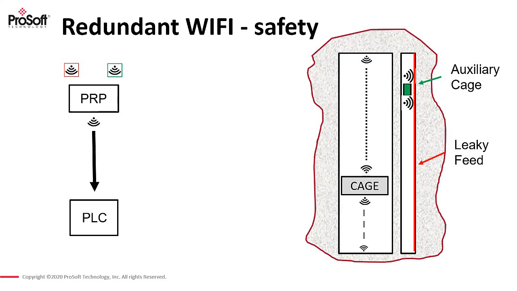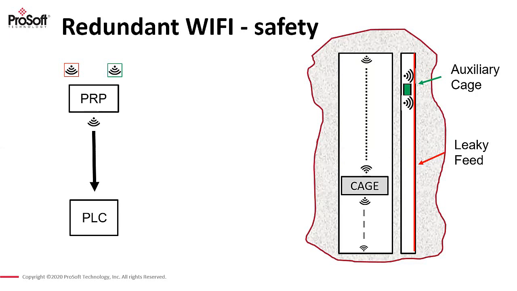So we actually had redundant Wi-Fi links. And on the cage, what we did is we put one underneath the cage and one at the bottom of the shaft, also a separate Wi-Fi network. And what we do with it being safety and having redundant Wi-Fi links is we put them into what we call a PRP switch, so Parallel Redundant Protocol.